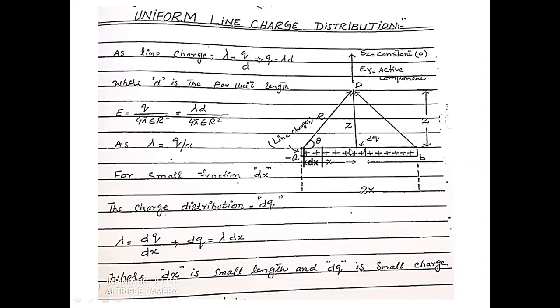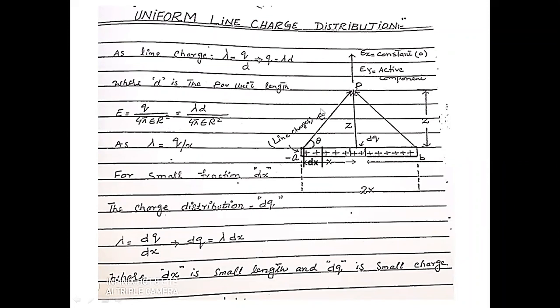At the end we are left with only the center point, and at this center point the net electric field intensity will be totally in the upward direction, that is Ey. We have no Ex, meaning Ex is equal to 0, because the Ex of this source charge is cancelled out by the one on the other side.